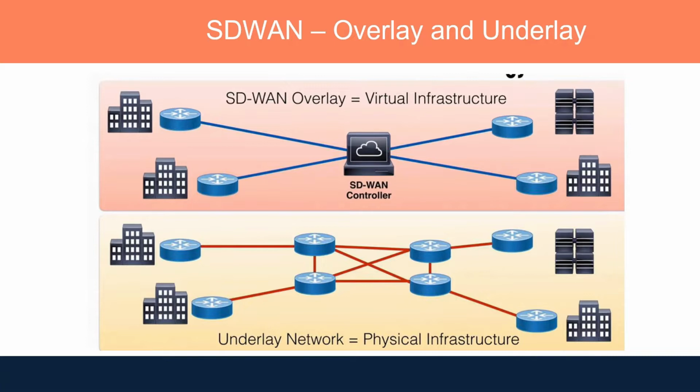Once you have an underlay network, it is creating the tunnel, and this is known as a virtual infrastructure, which is known as an overlay network. These are the edge routers. They are creating a tunnel through the SD-WAN controller, and then the SD-WAN controller is creating a tunnel to another edge router, and the traffic is going via this controller, via this tunnel.